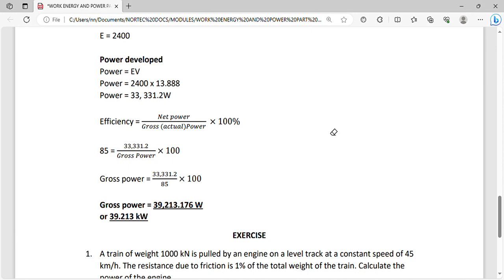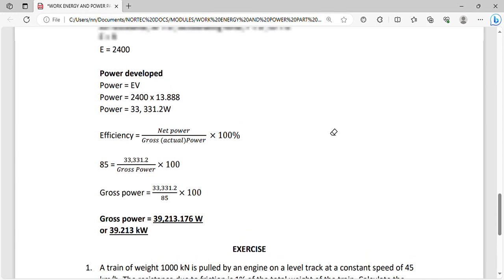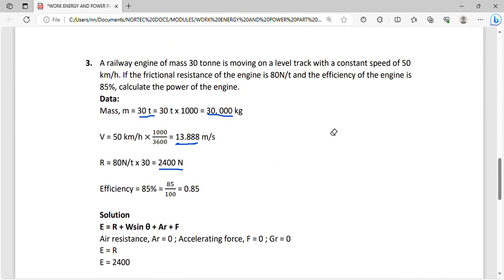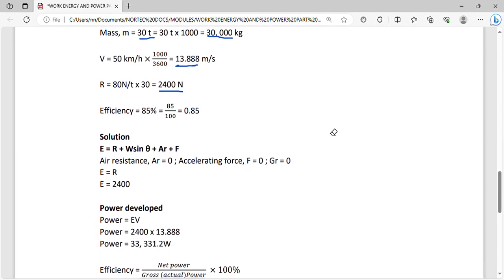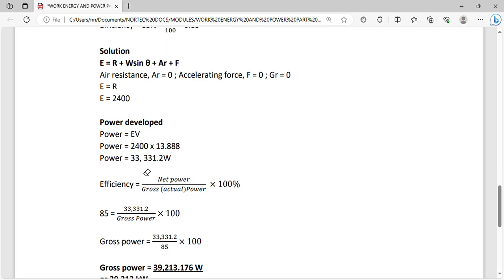So here we can now say what we have is that power which will reach last. Now the question is saying calculate the power of the engine, meaning what power is coming from the engine, because the one we've calculated is the net power that we need on the output.